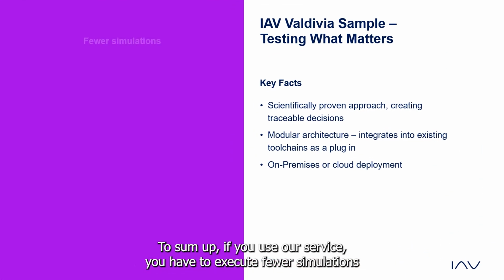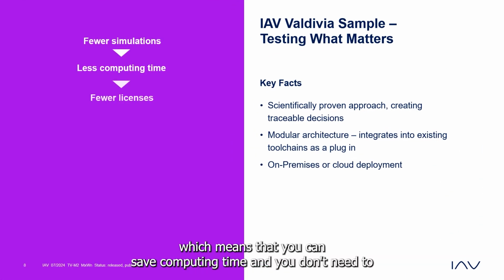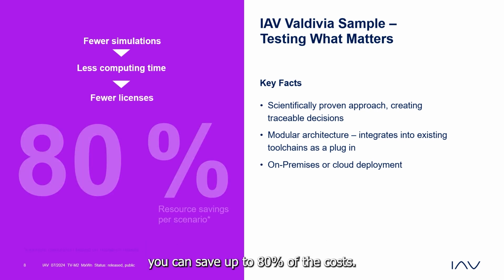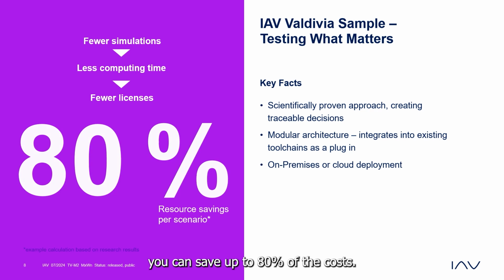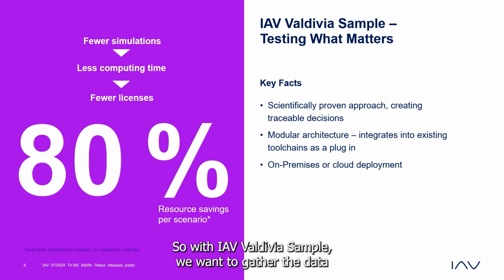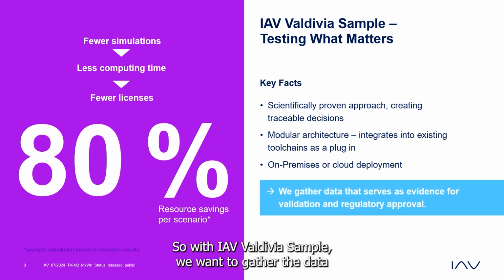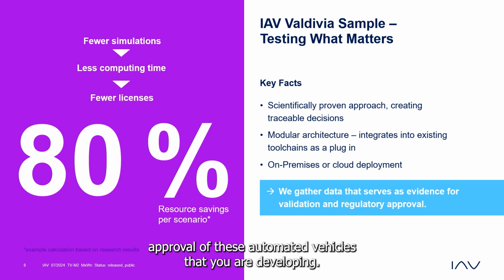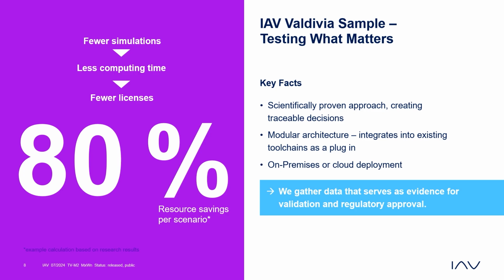To sum up, if you use our service, you have to execute fewer simulations or test cases, which means that you can save computing time and you don't need to order as many licenses of the software that you are using. In the studies that we have conducted, we found that overall you can save up to 80% of the costs. So with IAV Valdivia Sample, we want to gather the data that then serves as evidence for your validation and the regulatory approval of these automated vehicles that you are developing.